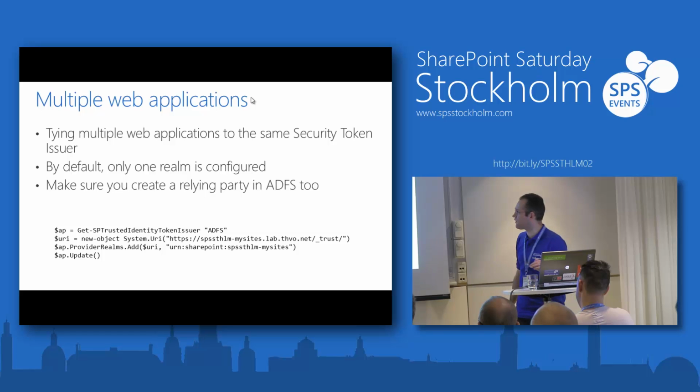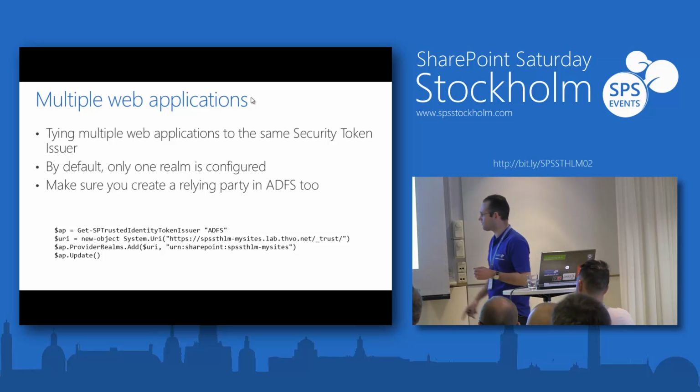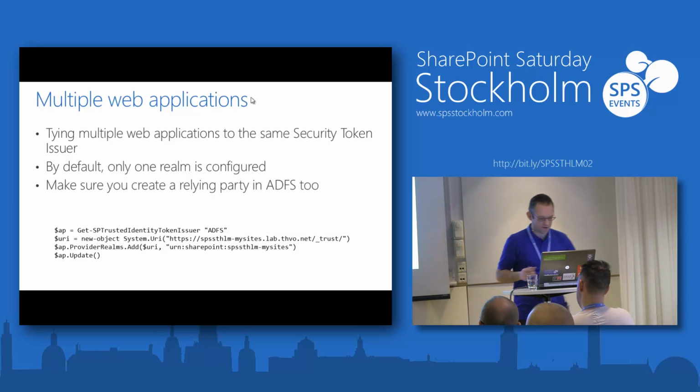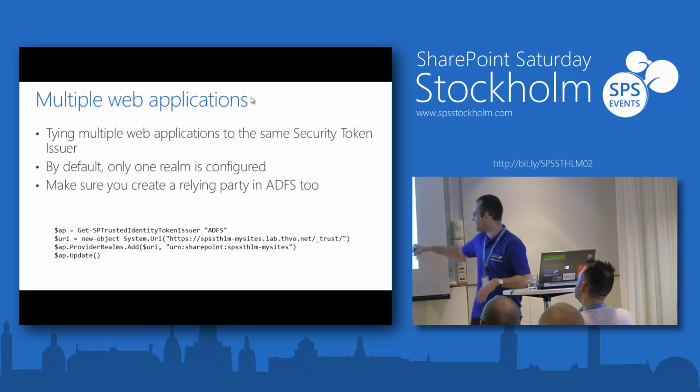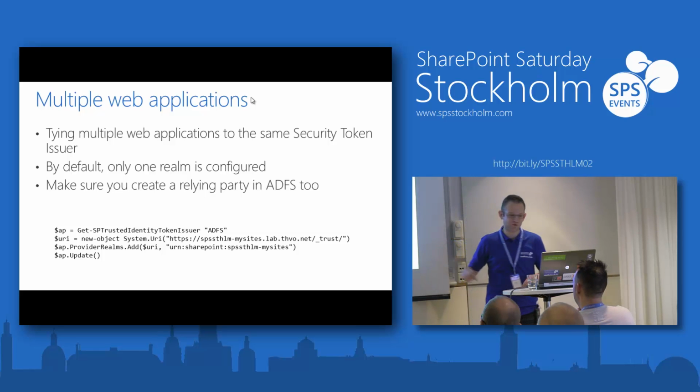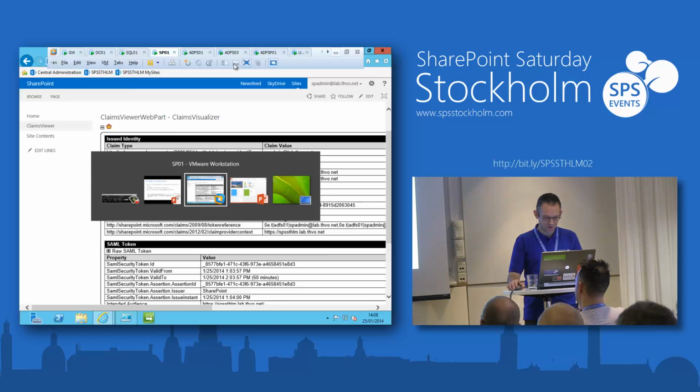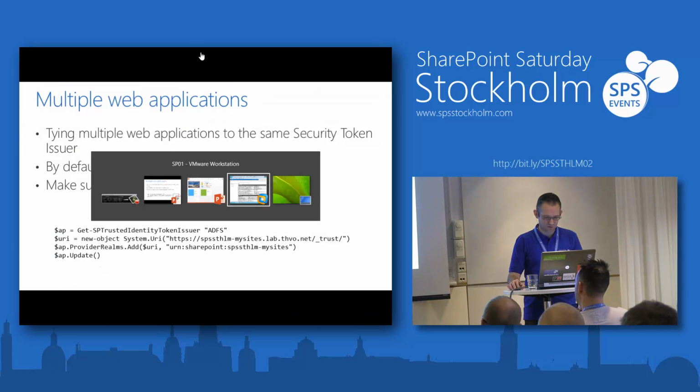Okay, this is the issue I already talked about. What if you have multiple web applications, like my sites application? This is the command to modify SharePoint, so that SharePoint knows that there is another web application that is connected to ADFS, and afterwards you have to do the same thing in ADFS. I'll quickly show you how to do that.